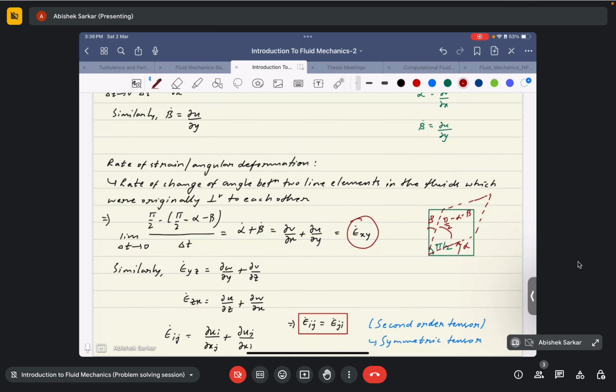Okay, this final expression for epsilon dot xy is derived after an extensive mathematical derivation, right? What I basically mean to say is we derive this final expression after extensive mathematical calculations, and only after that do we reach this conclusion, which itself has a very deep physical meaning.